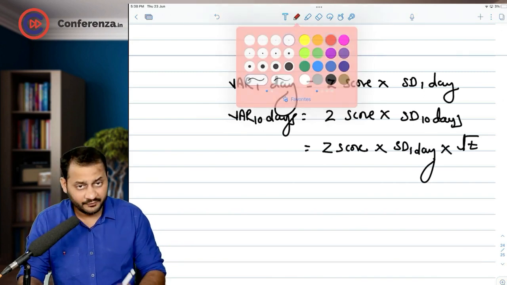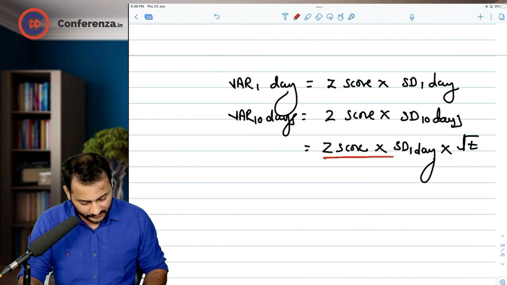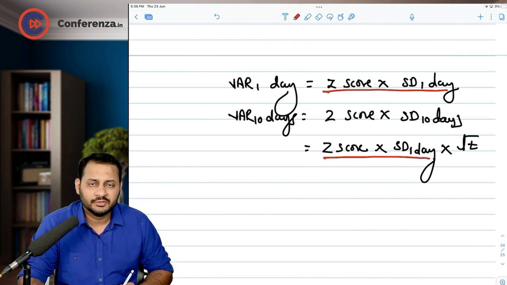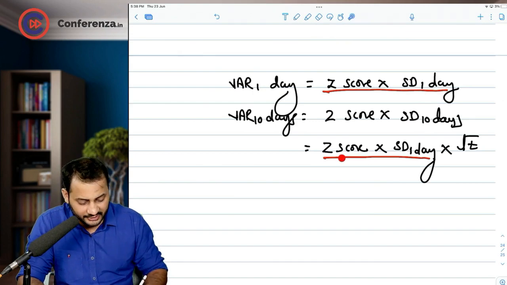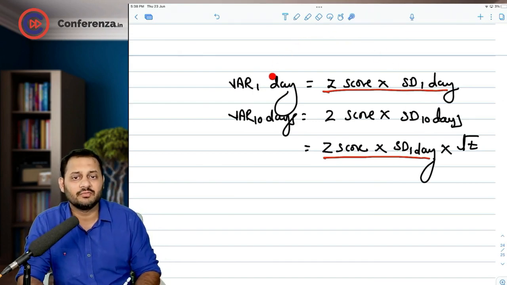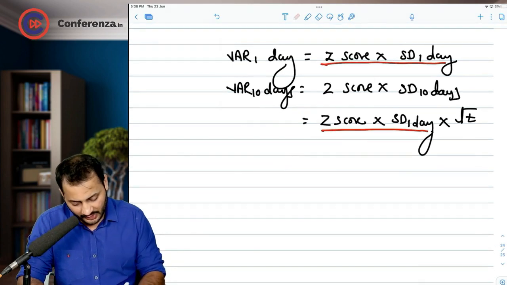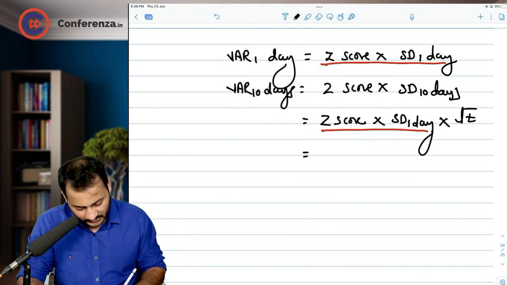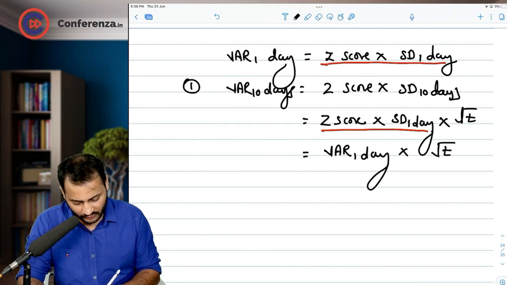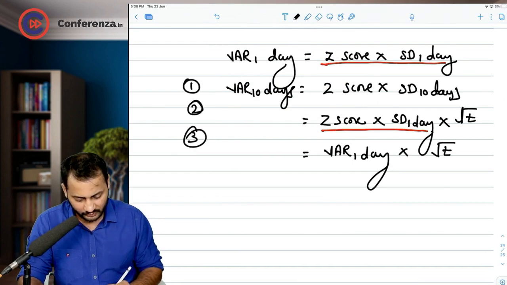Now observe something. This much of the formula and this much of the formula is the same. So instead of z score into standard deviation of one day, we can replace it with VAR of one day. So another and the third formula for this is VAR for 10 days is nothing but VAR for one day into under root t. So this is the first formula, second formula, third formula.